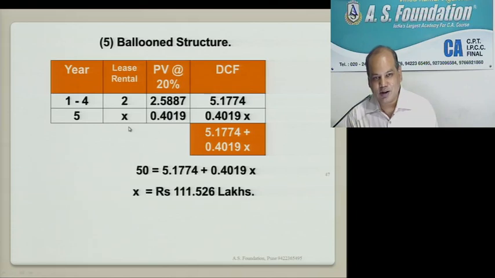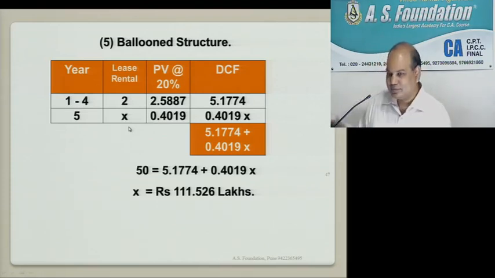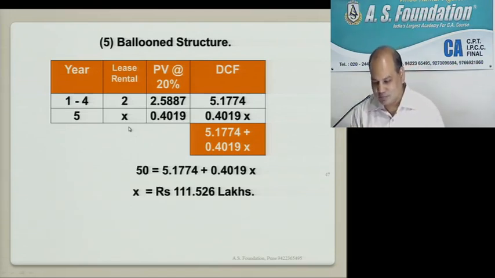Here lease rental will decrease by 10% every year. So I will give you 30 seconds to try your luck. Let the world know that you are an intelligent person. Please try. You can do it if you try.